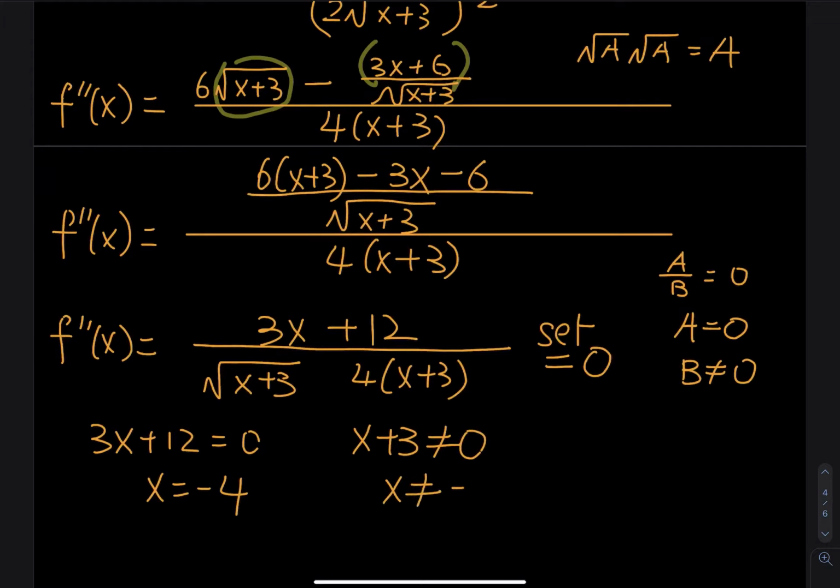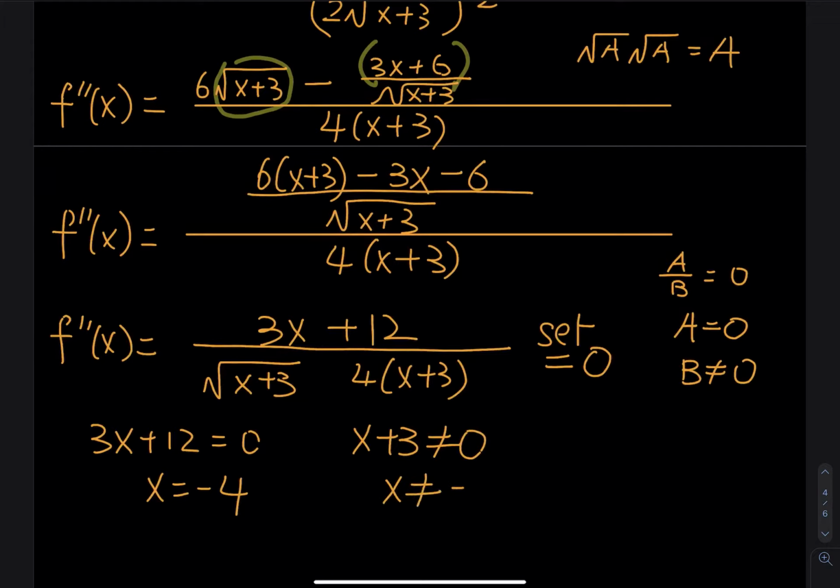And then do I need to comment on anything? I have this, and then I have this. Now, every time you have a square root function, you have to go back to the domain. What is the domain? The domain is right here. The domain is x must be greater than or equal to negative 3. So here is the domain.